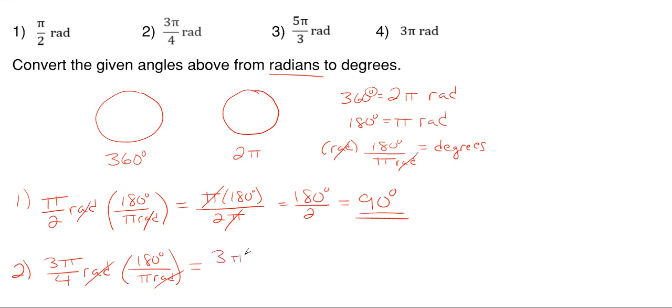So we have 3 pi times 180 degrees, and then that's divided by 4 pi. Once again, the pi's will cancel, and we're left with 3 times 180 over 4, so essentially 3/4 of 180, and that gives us 135 degrees.